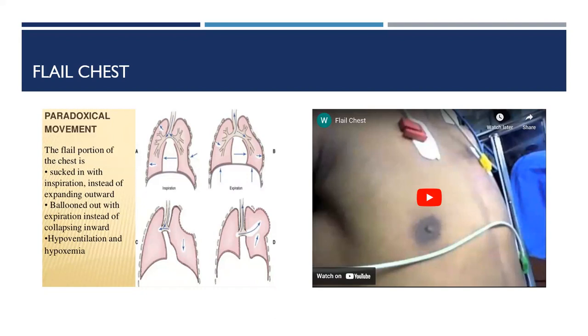Now, as you are exhaling and your chest is getting smaller, that part where the ribs are broken will be pushed out. Be sure to check out this YouTube video. It's pretty cool, from your PowerPoint slides.